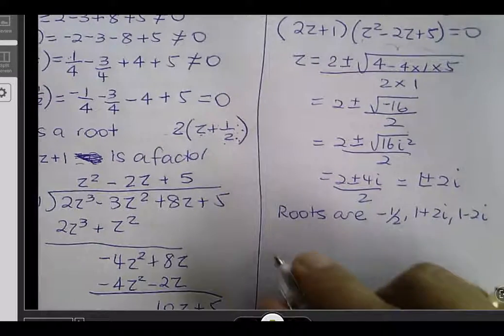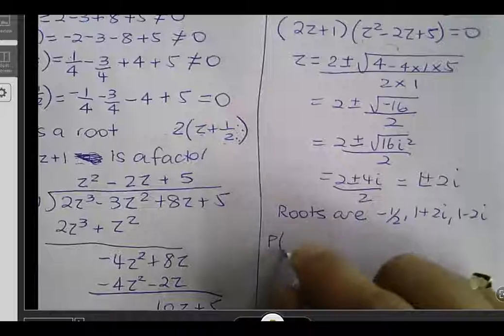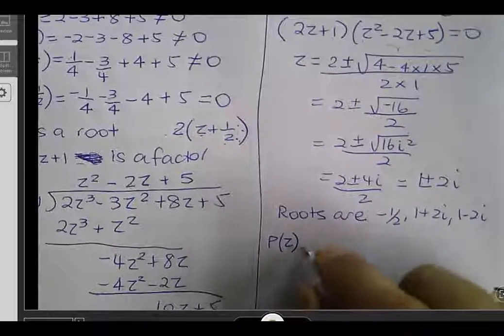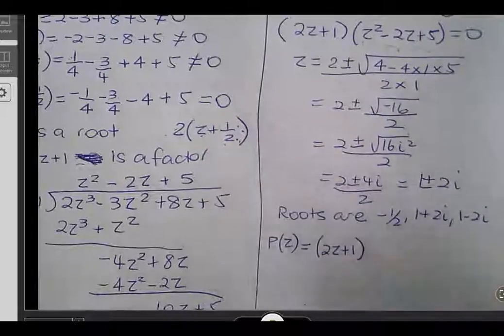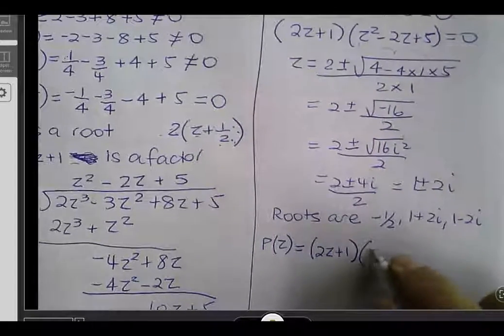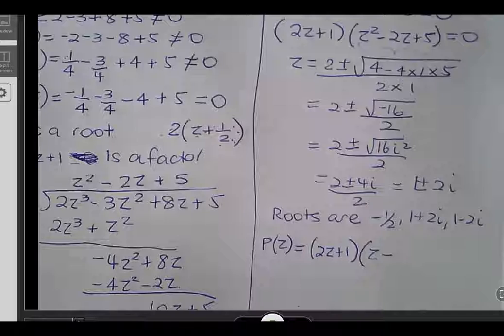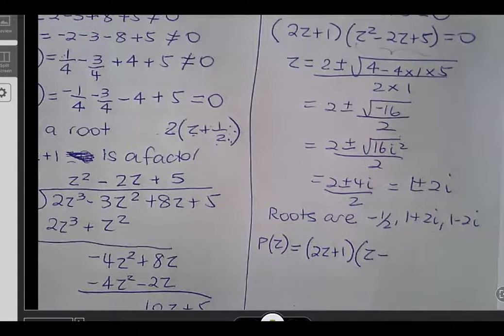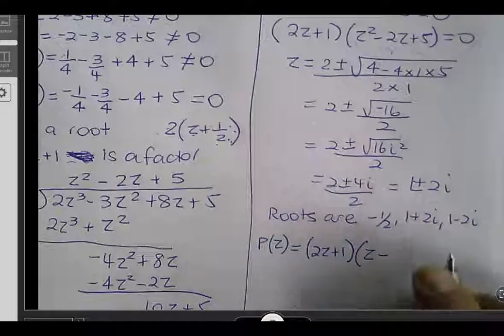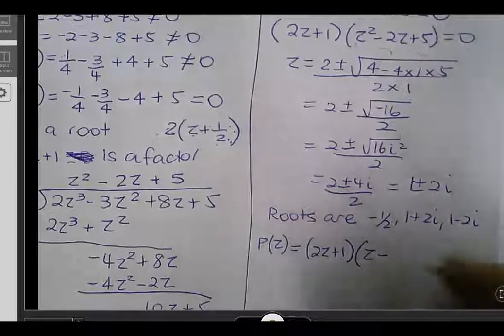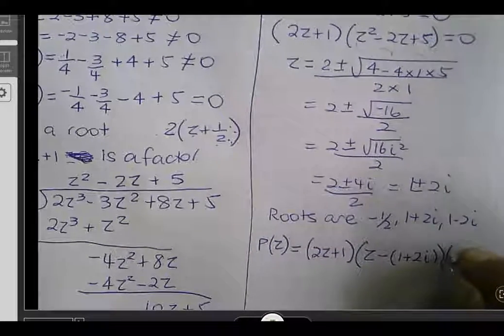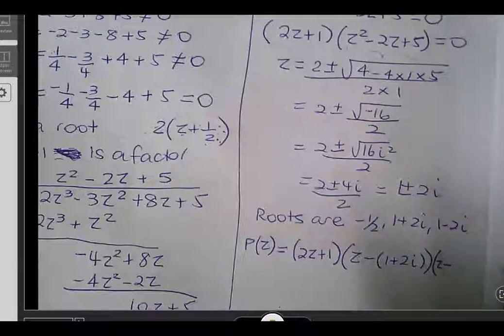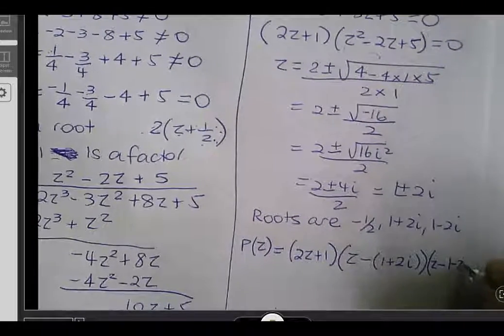The factored form, so therefore your polynomial in z, written in factored form, is, isn't it, 2z plus 1? How do I write my next roots? Z minus, in brackets, 1 plus 2i, z minus 1 minus 2i.